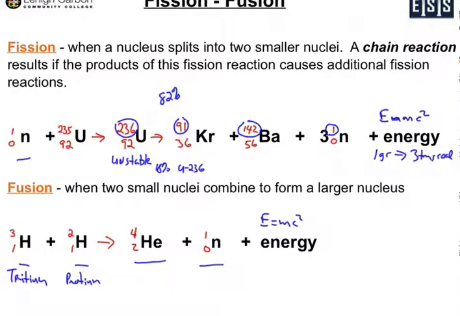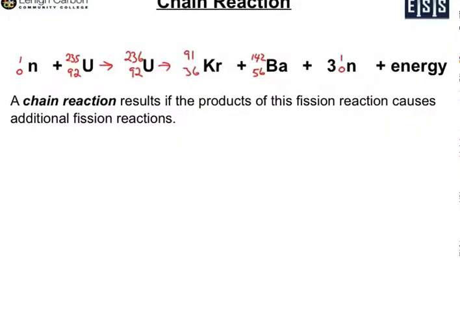So just to finish up, I want to show how in the fission reaction you can get a chain reaction. In this case, if you start with a uranium atom, you hit it with a neutron, you get your fission products here.